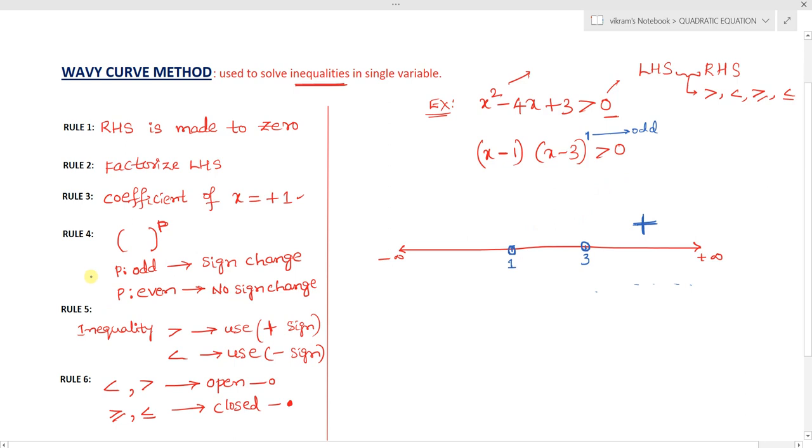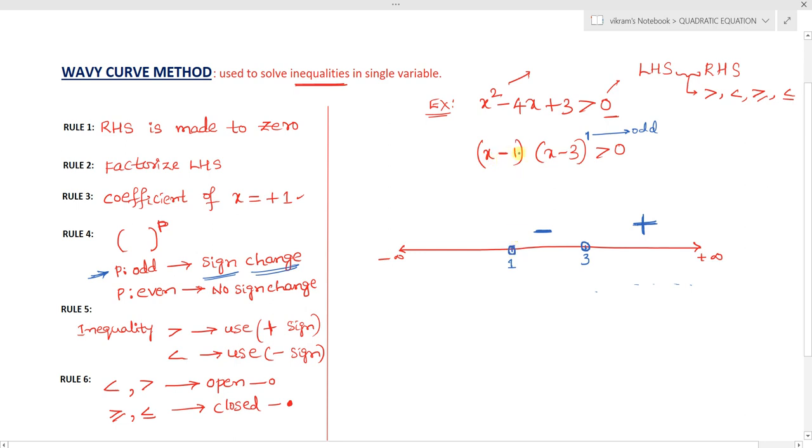So if the factor's power is odd, then we need to change the sign. Up to 3 it is a plus sign, now we need to change the sign to minus. From 3 to 1 it is minus. Now we reach 1.